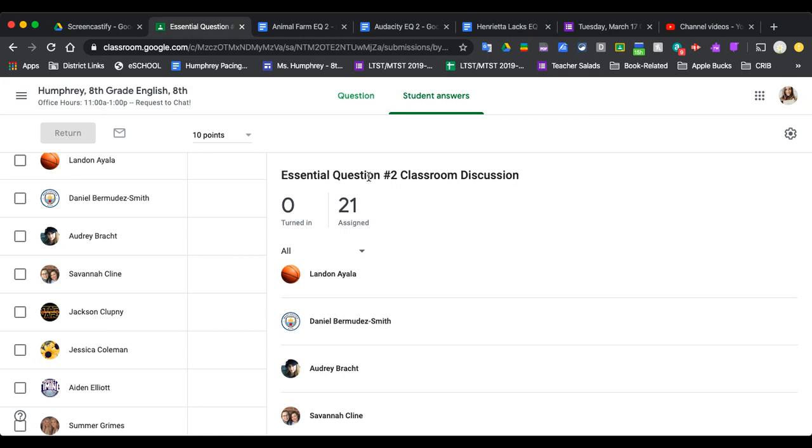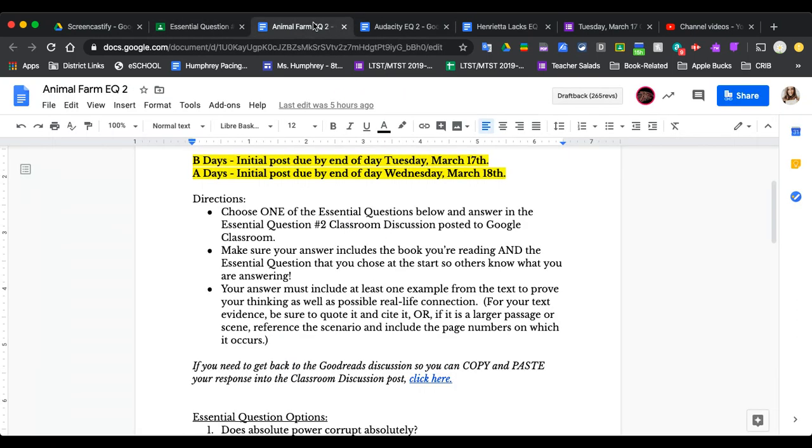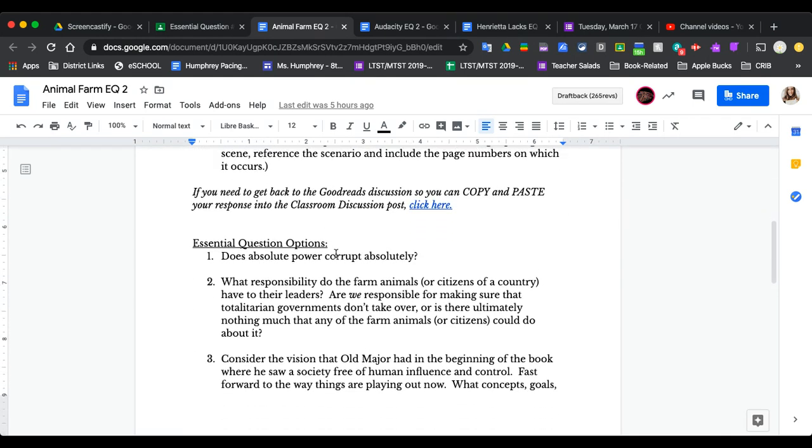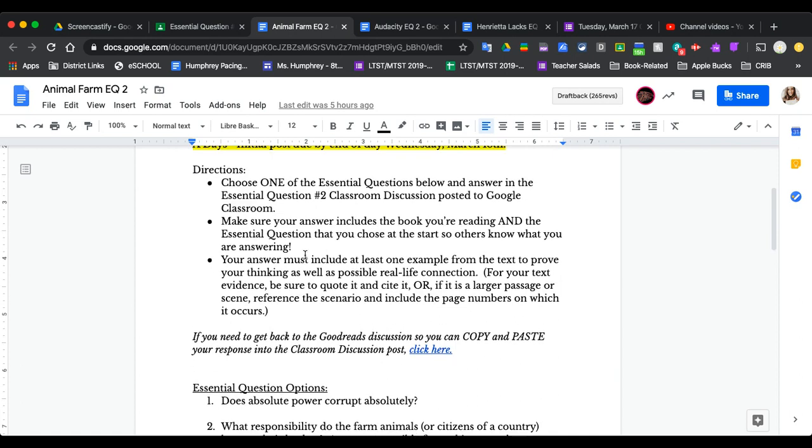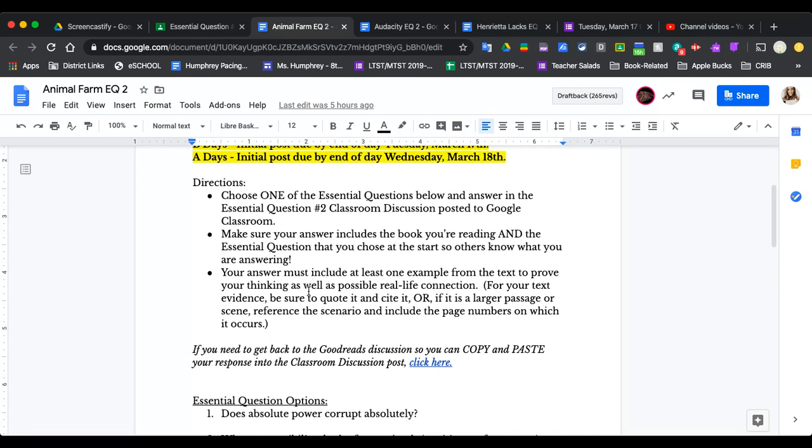So state what book you're reading, and then state what question you've chosen to answer. Ideally, if you copy and paste that and include it, it would be helpful for the class to provide some context for your answer. And then when you answer, make sure that you are including at least one good example from the text to back up your thinking.